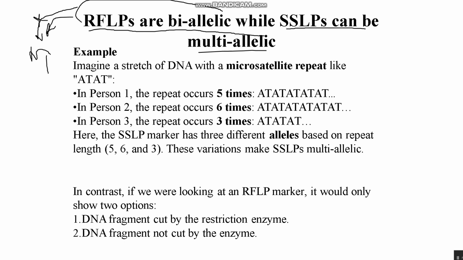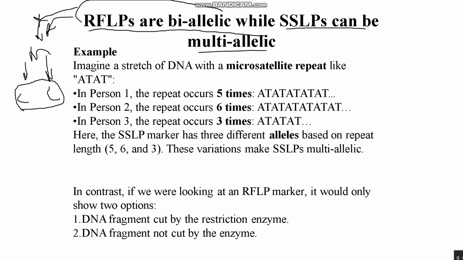If there is a mutation, the cut may or may not occur. If there is no mutation, the cut may or may not occur. There are just two circumstances: the cut will occur or the cut will not occur. It means in the RFLP there are just two allelic, biallelic, positions.